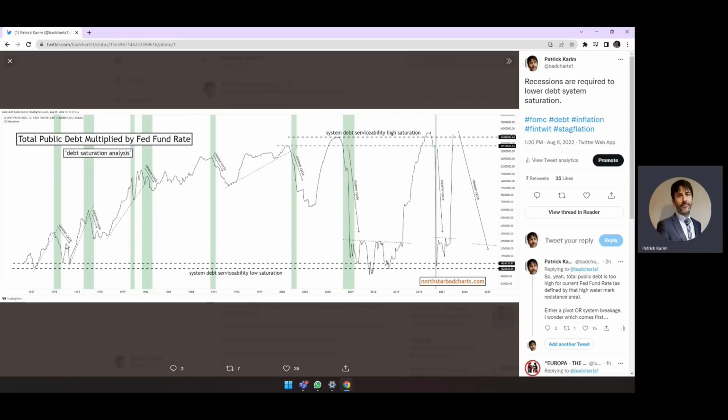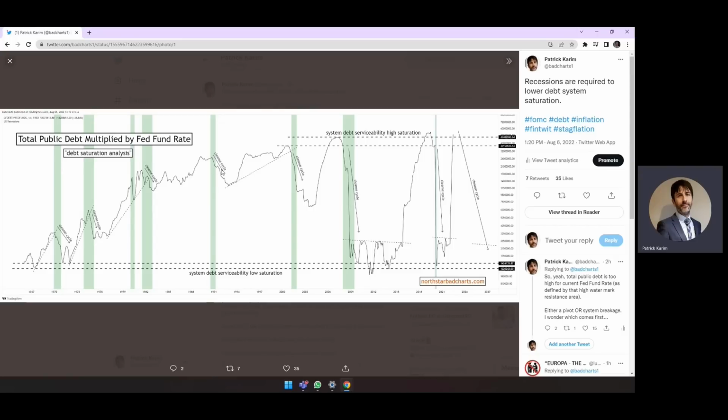So that's what I call down here, system debt serviceability is lowly saturated. So it cleansed through recession, goes back up, excesses, the Fed fund rate keeps going up with the debt, but then after that, the system becomes saturated, and it needs a cleansing cycle through recession. See, each of these important moves down, the Fed fund rate's probably getting cut. It's a recession, you're cleansing here, 91, cleanse.